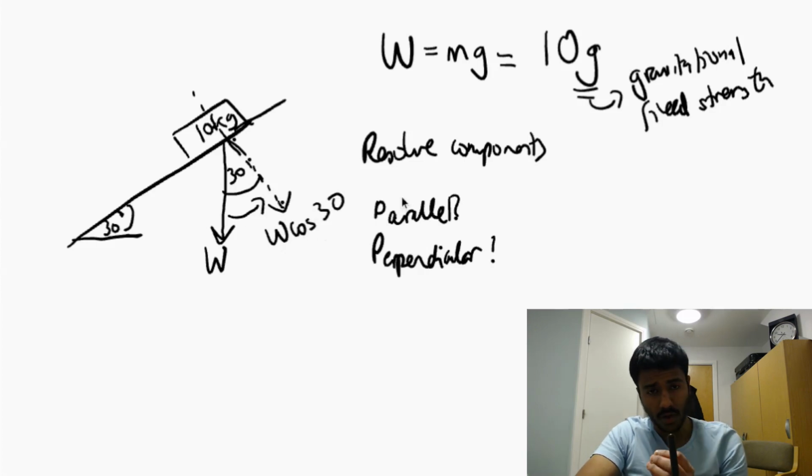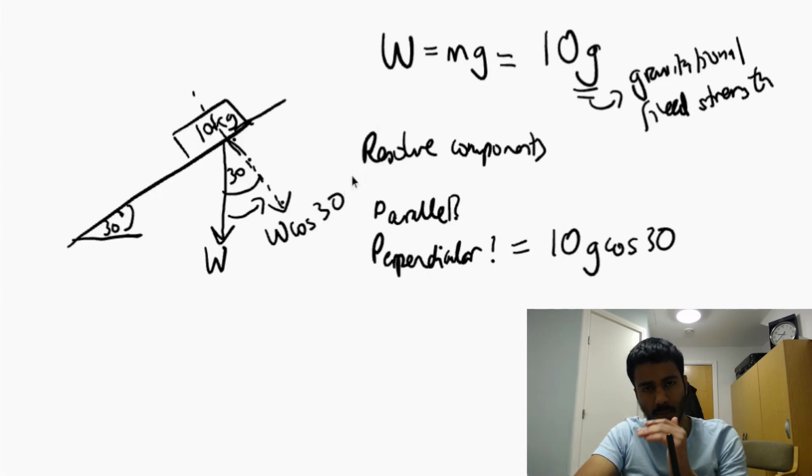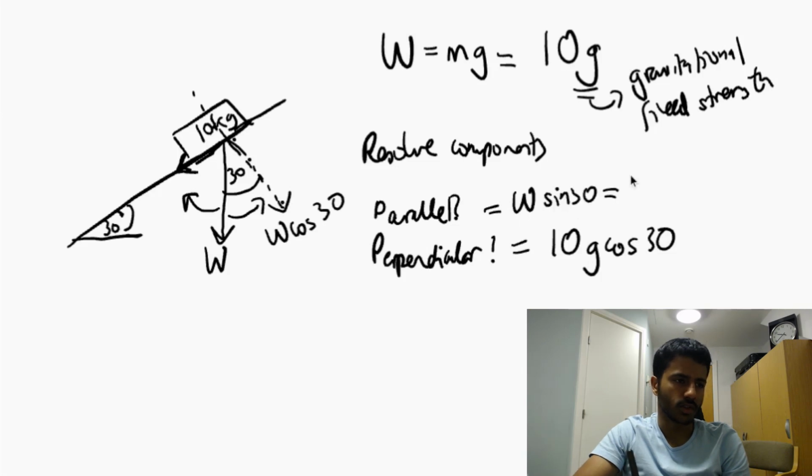So the component of weight perpendicular to the slope is equal to 10g cos 30, where 10g is your W. And if I want to find out the component parallel to the slope, I move away from the angle onto a projection about here. And because I'm moving away from the angle, I use W sine 30, which is equal to 10g sine 30.